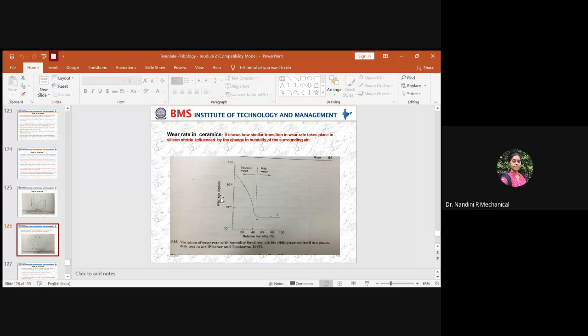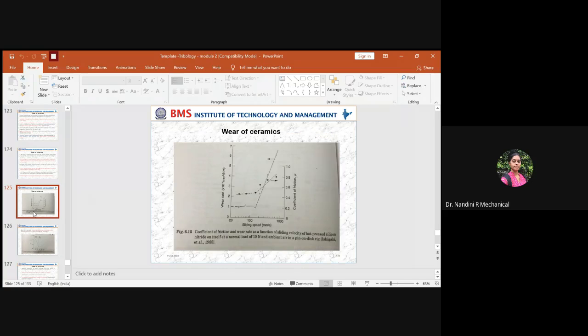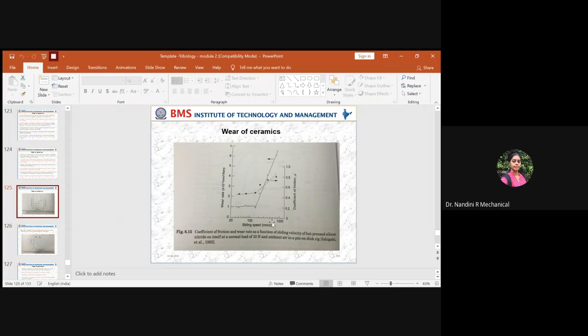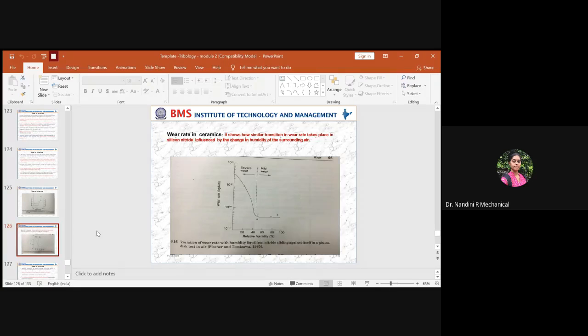So apart from the sliding parameters, you should also be careful about the relative humidity in the open atmosphere. Even though you have set all these sliding parameters as per the requirement and you have mild wear rate and mild coefficient of friction, if the component is badly affected by the open atmosphere due to its humidity factor, again the wear rate can shoot out.